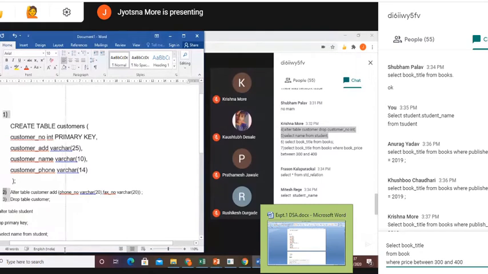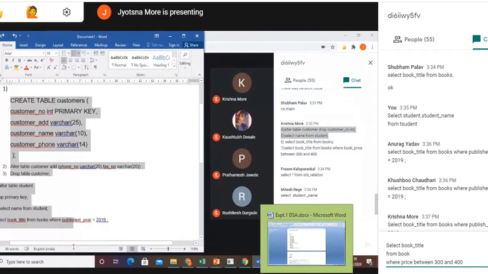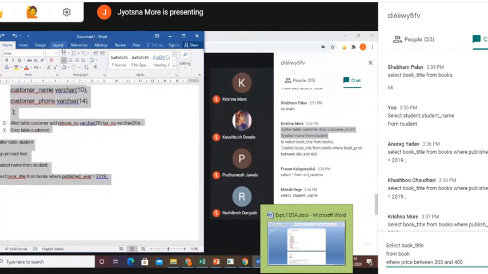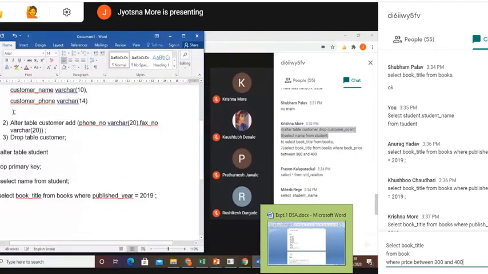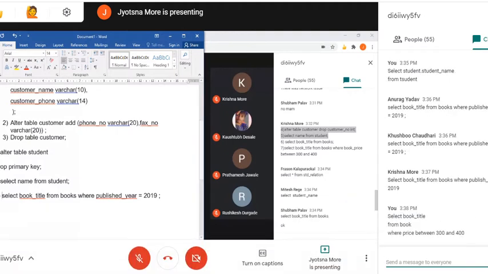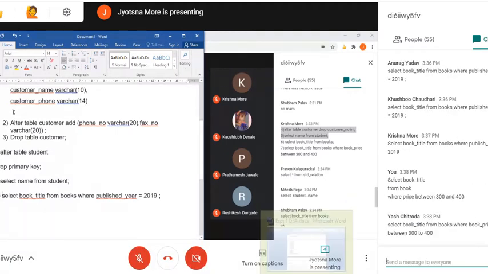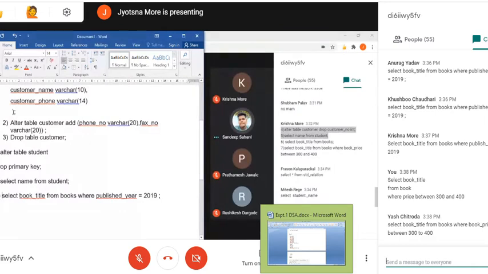Okay, so still we have reached the sixth. Now the seventh question. The seventh question is where you have to use between, right? Select book title from the. Okay, write your answer for the seventh question, those who know the answer.